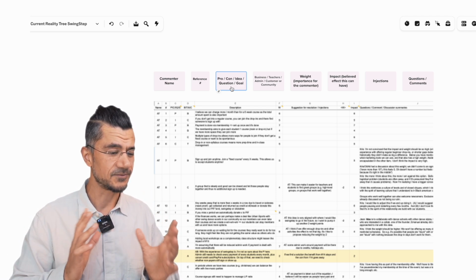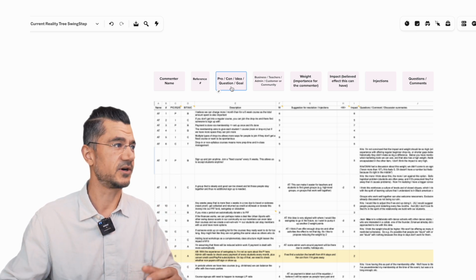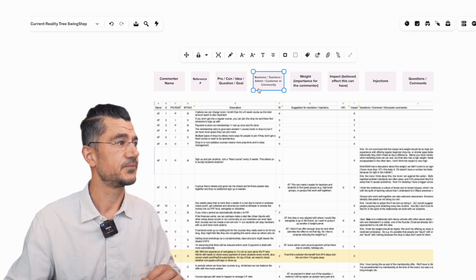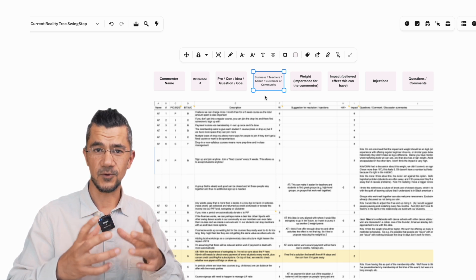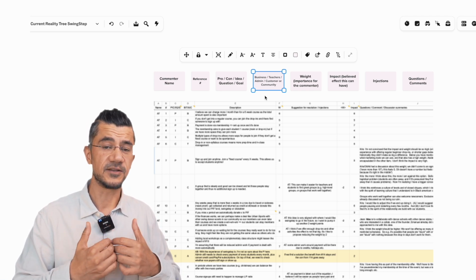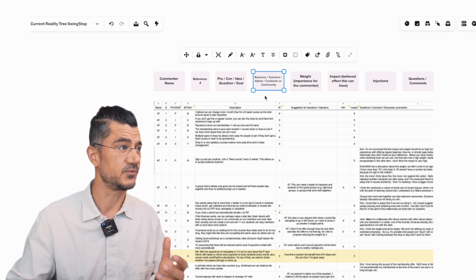This really helped us understand what type of thing we're discussing, and also define who it is for. Are you speaking for the business, for the teachers, for admin, for the customer and the community?